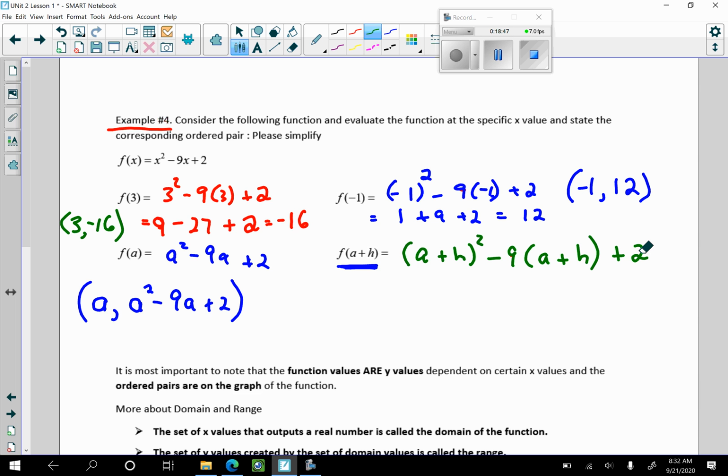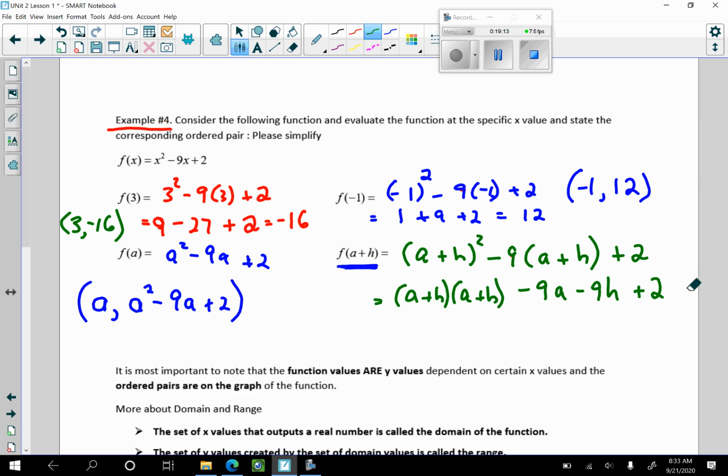A plus h squared actually is going to be a plus h times a plus h. I'm going to distribute the 9, negative 9a, negative 9h plus 2.